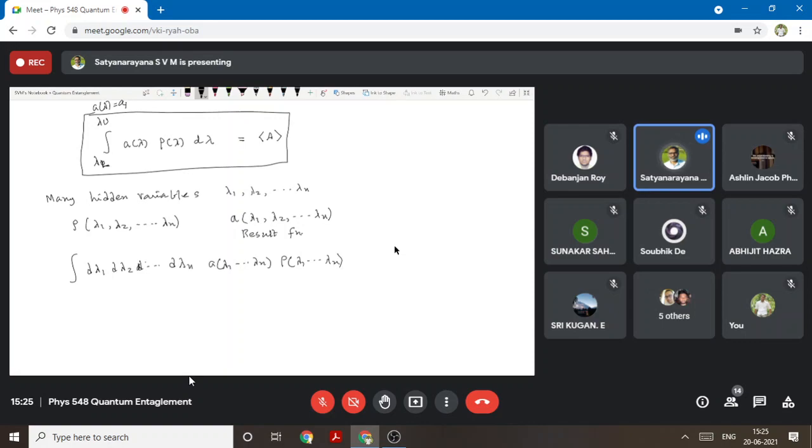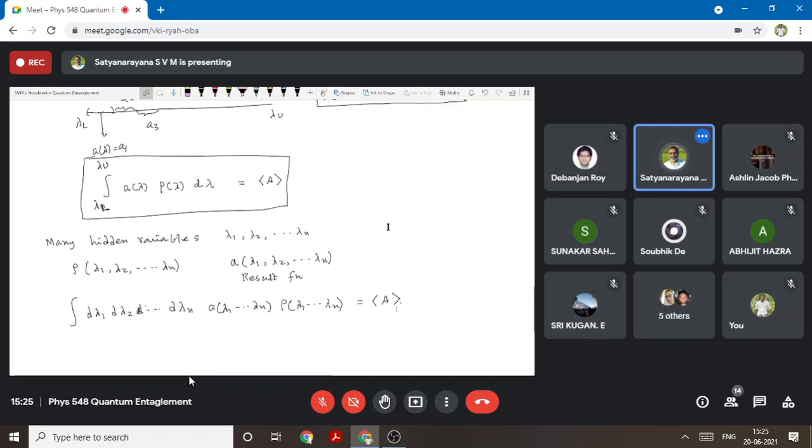This is the ensemble average that you have to calculate, and this should be equal to the expectation value of A. So this is how we have to formulate a hidden variable theory, and the formulation is very general at this moment.